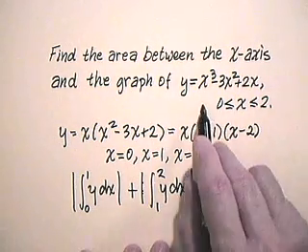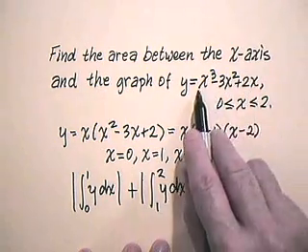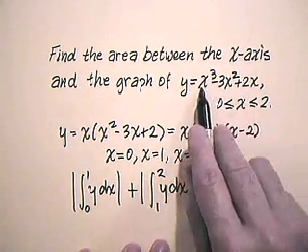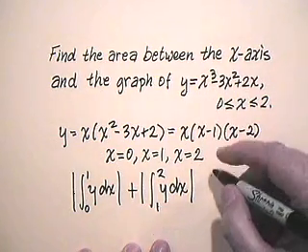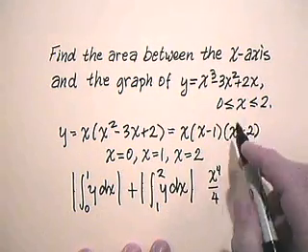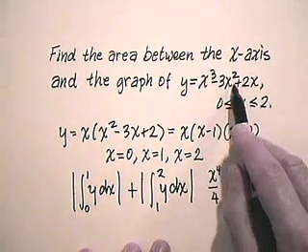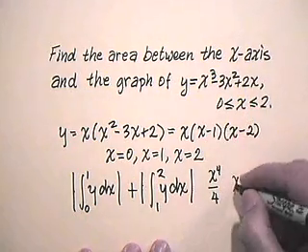That is, we have to look here at x cubed minus 3x squared plus 2x, because we can easily get antiderivatives for each term. The antiderivative of x cubed, well, that would be x to the fourth divided by 4. The antiderivative of 3x squared, well, we spot that right away as the derivative of x cubed.